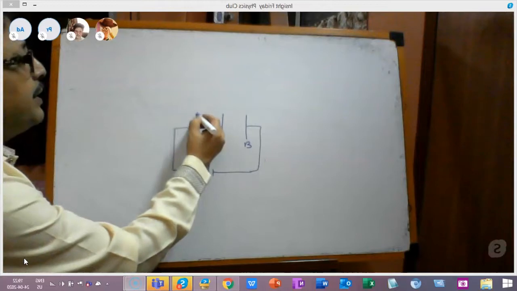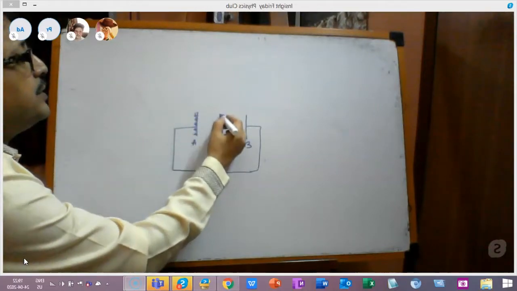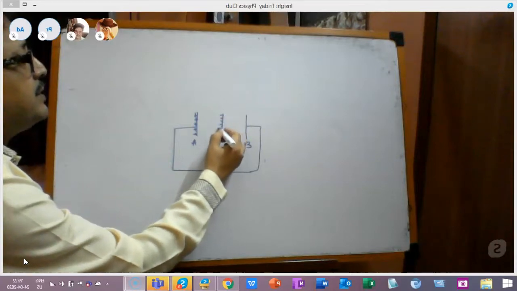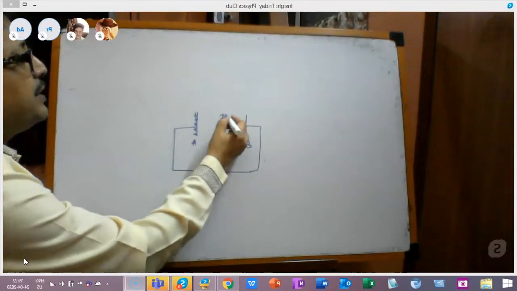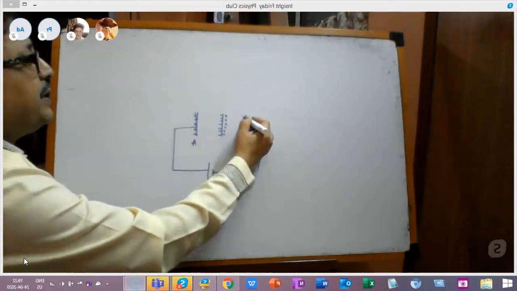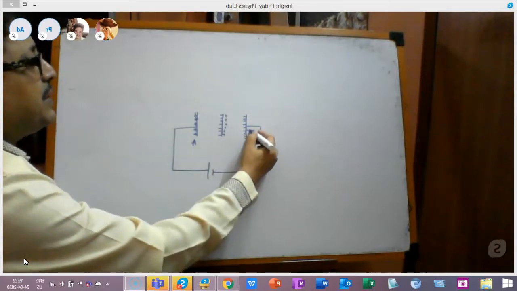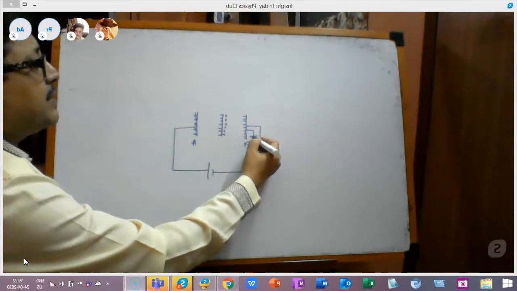So here, by distribution of charge, there will be induced negative charge here and this will be positive. This is again induced negative charge, and that positive charge you can remove by earthing or by some other method.